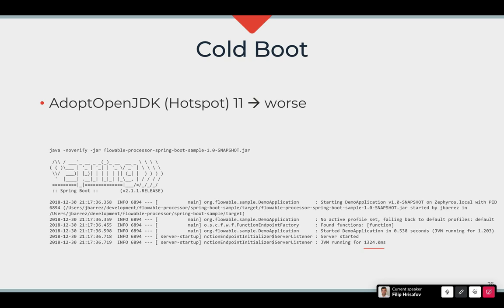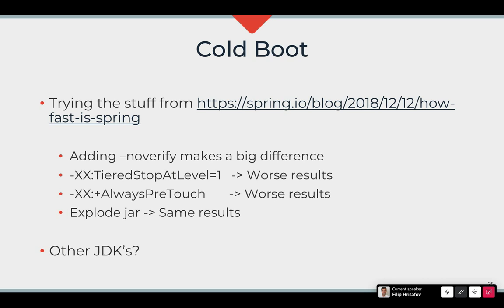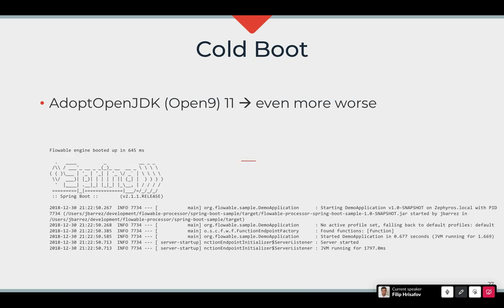The first one we tried was Adopt OpenJDK 11. We expected better results because JDK 11 should be faster. But actually, for this use case, it wasn't. As we see in the boot up time for the whole thing, it was 1.3 seconds, which is quite a lot compared to 1.8. However, this was the default Adopt OpenJDK distribution. In the blog post from Dave Syer, there was also mention of the OpenJ9 JDK.